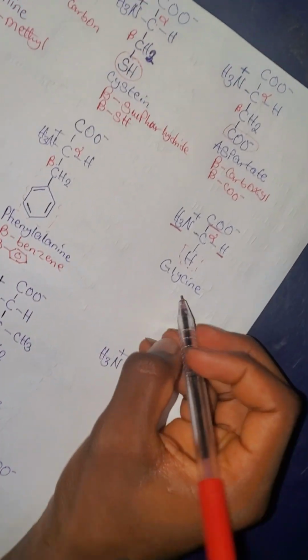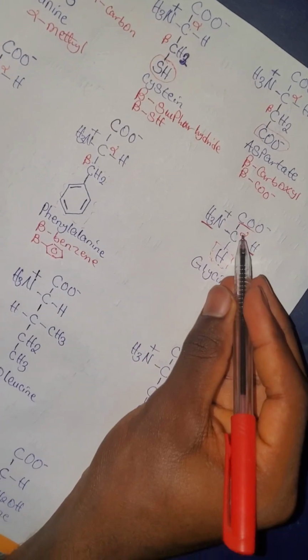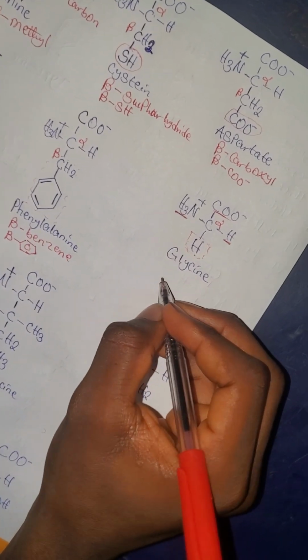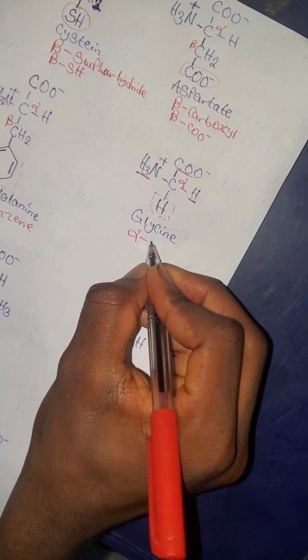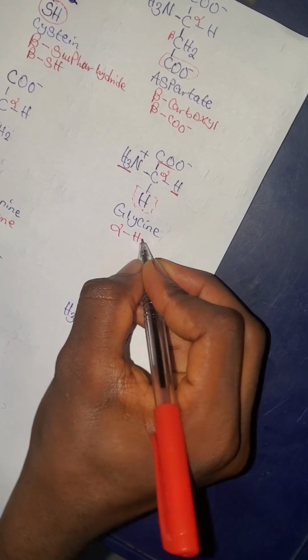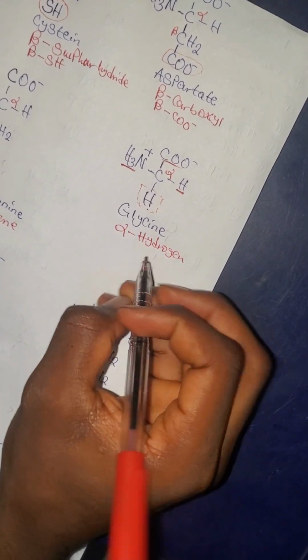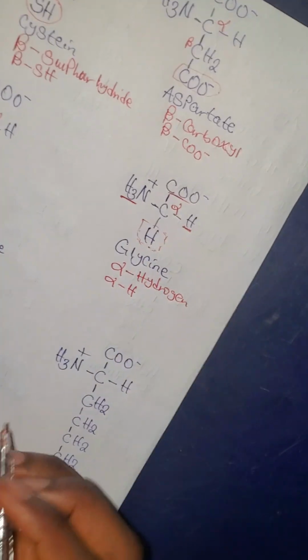Good. All right, so for your glycine, we have this group attached to the alpha carbon, and we can abbreviate it as alpha hydrogen. Better still, you can say alpha H. I hope you are following.